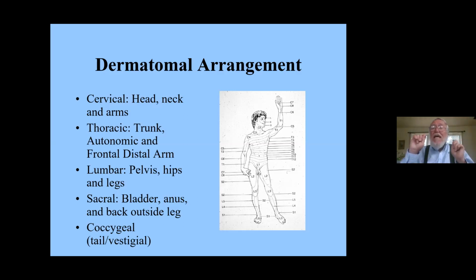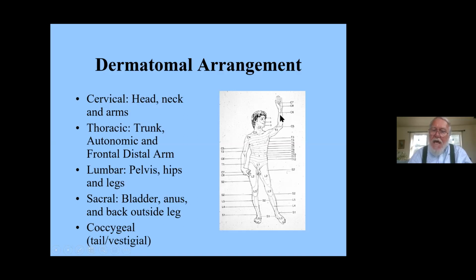It's actually the opposite. It is a bottom-up situation, because what we're going to be learning today, as we look through the spinal cord and the somatosensory inputs that are coming in, is that they're coming in to specific parts of the spinal cord, such that, as you can see, C1 through C8 is around the head and the neck and the arms.